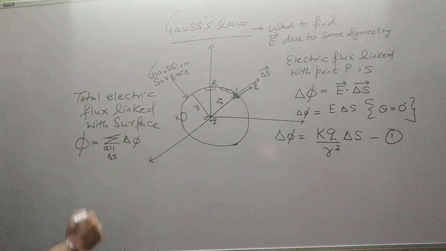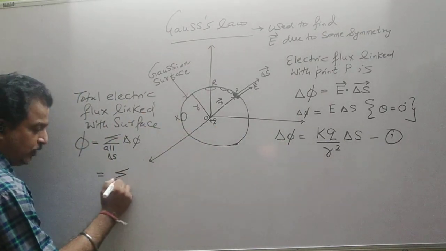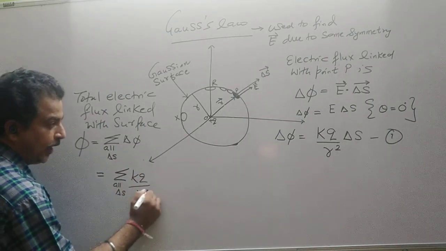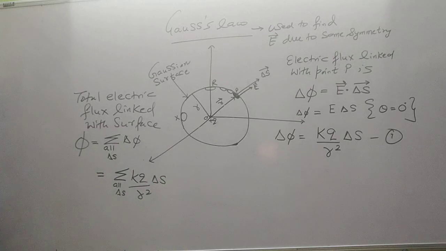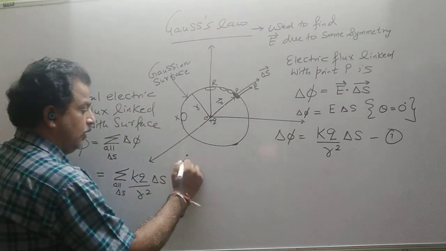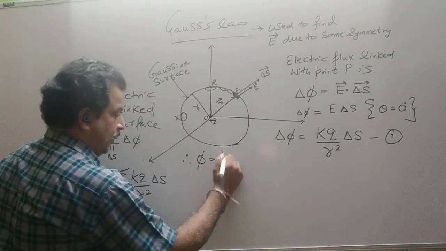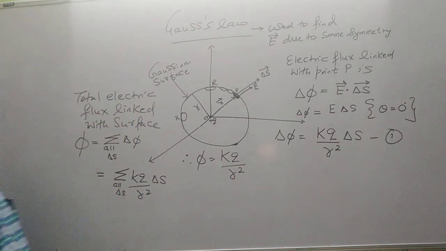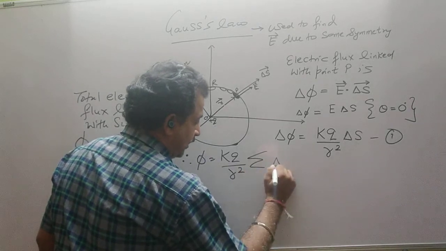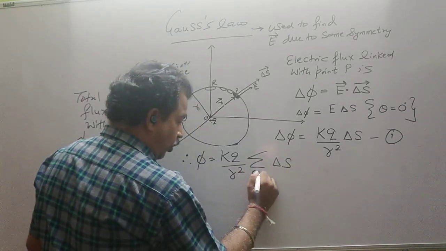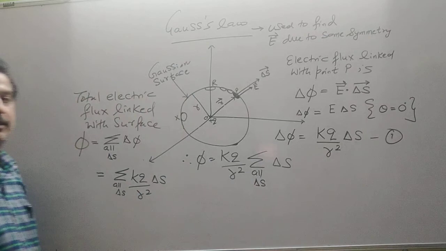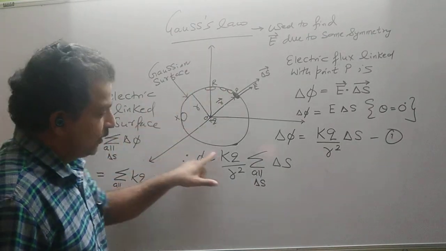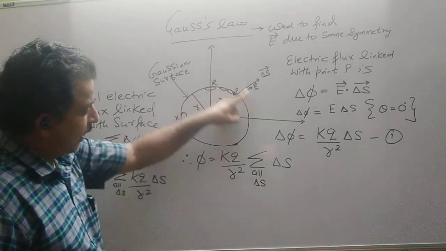Substituting this value here, it becomes the summation over all delta S of kq upon r square delta S. Therefore, the total flux can be written as kq upon r square, which is a constant term, and the summation should be of all delta S. Now delta S, delta S, delta S, so it becomes this entire surface.